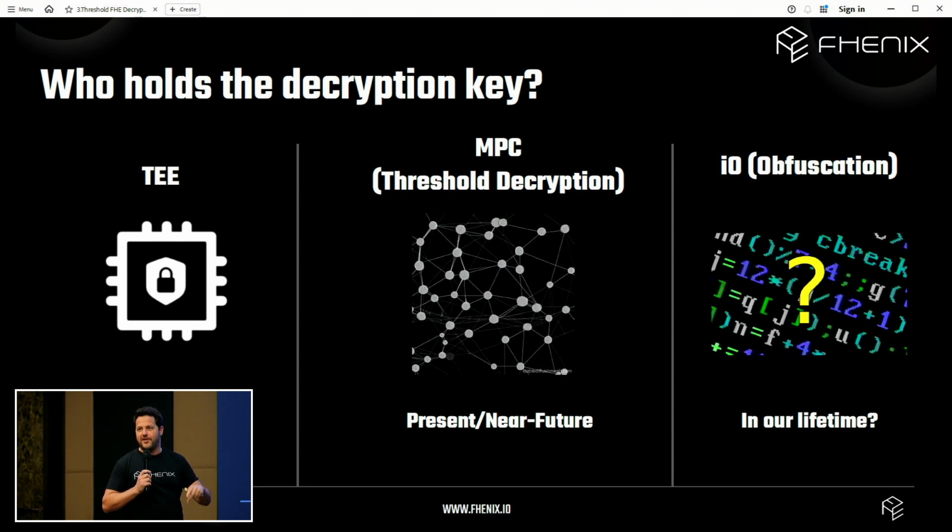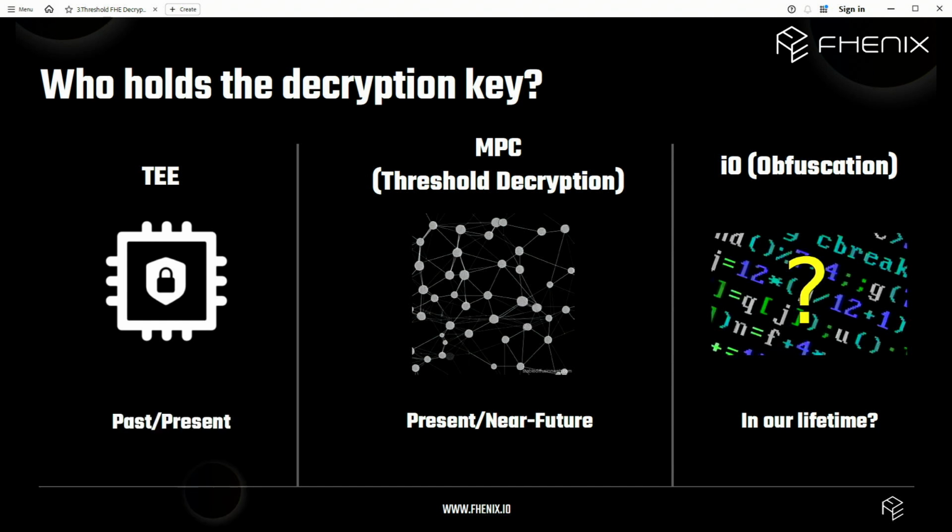And then, if you're a moonshot kind of person, if you live in the heavens and you believe in a bright future, then maybe you go to obfuscation. Just 2 days ago, Vitalik and a few others spoke on stage a lot about how obfuscation can help Ethereum.